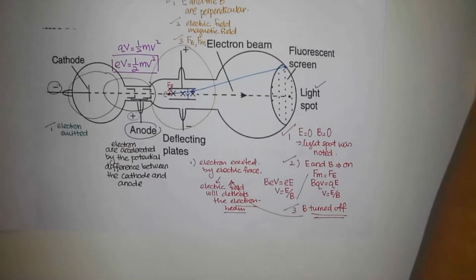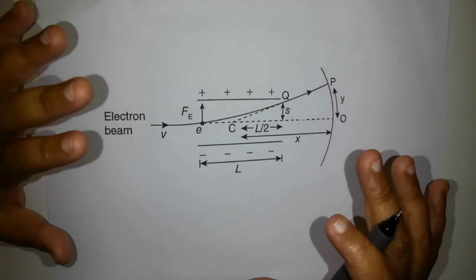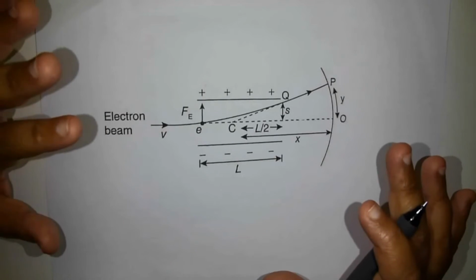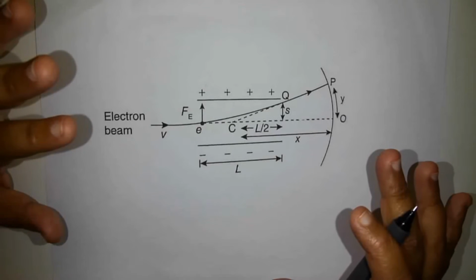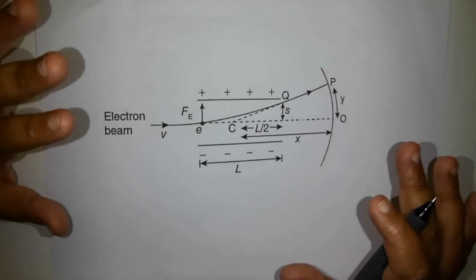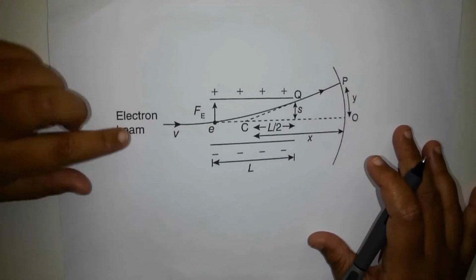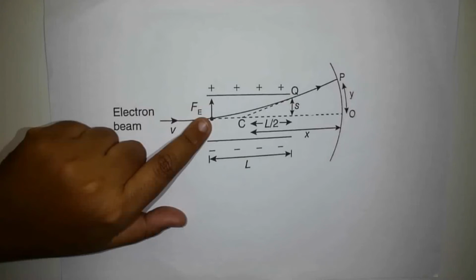At part 2, we are going to focus on the concept of electric force and also the concept of projectile motion. Now, the electron enters the electric field with a velocity v.